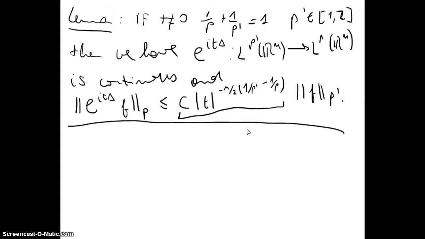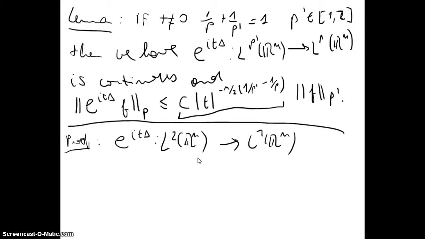So let's see the proof. Okay, so we know from the proposition that e^(itΔ), going from L2 to L2, is an isometry. That is, the norm 2 of e^(itΔ) f is equal to the norm 2 of f.